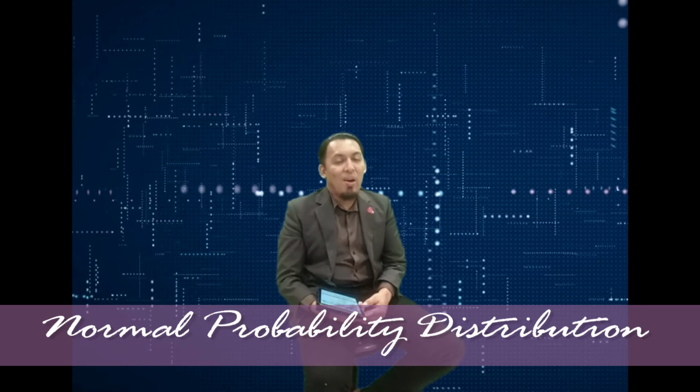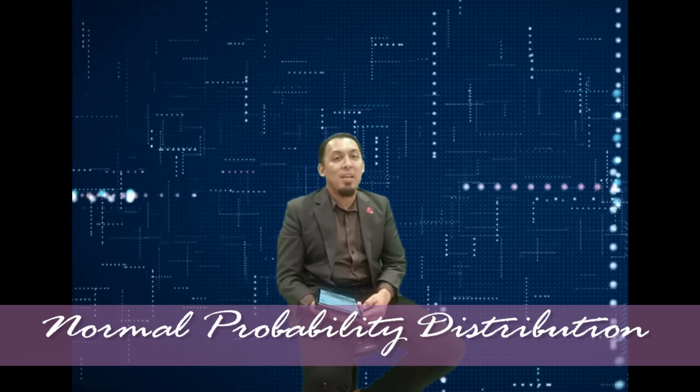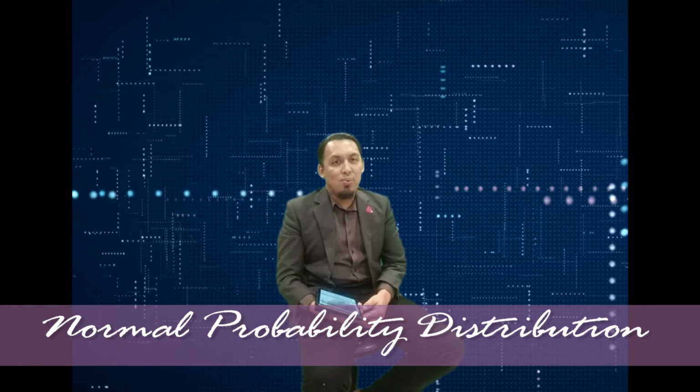I hope that you understand why the bell shape is normal. That is the shape of normal data in this world.